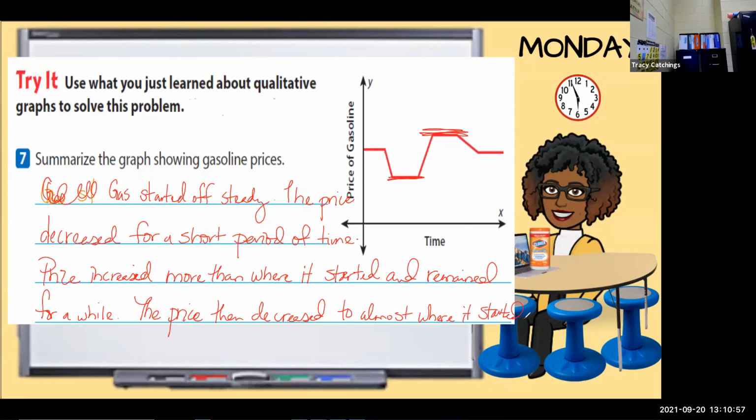So definitely make sure in that description you have something relating to the price of the gas. You should have something relating to the period of time. You don't necessarily have to have numbers, but something like for a short while, for a little bit, for an extended period of time, something of that nature.